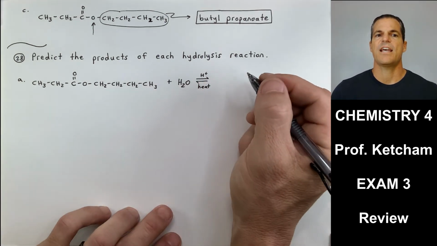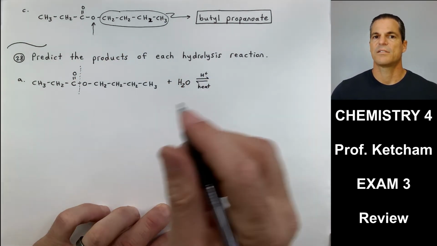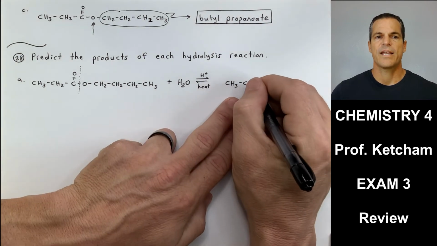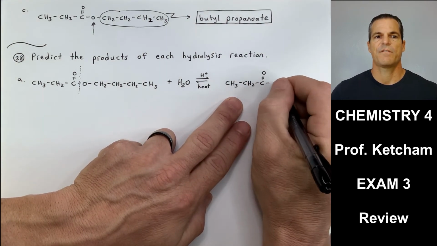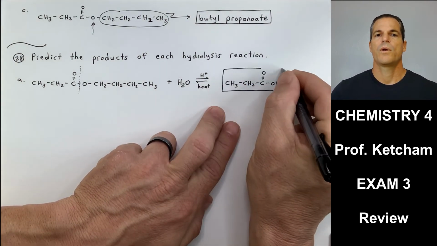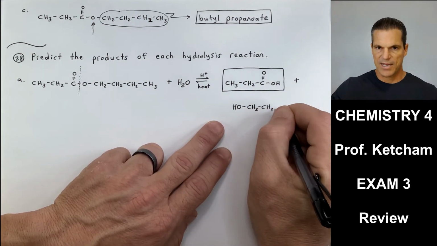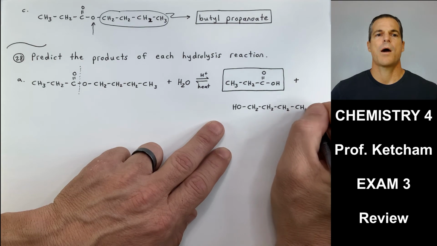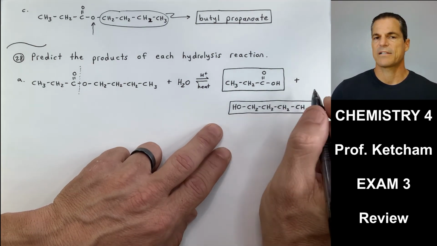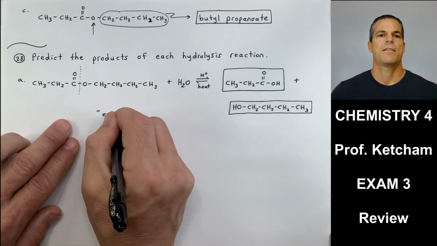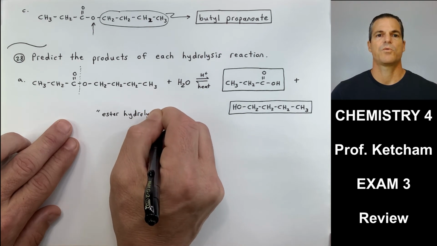If you ever see ester plus water, this is hydrolysis. So you break it up. This is the exact opposite of esterification. So now we're going to have our carboxylic acid product plus the remaining alcohol product. And I've drawn a little dashed line there where it actually breaks up. Okay, this is called ester hydrolysis. That was 28A.